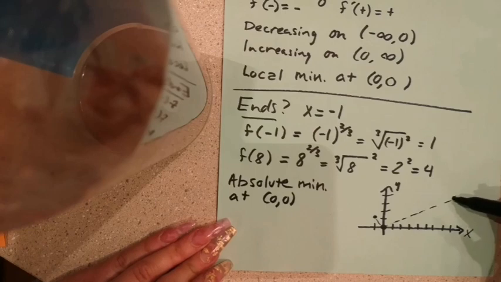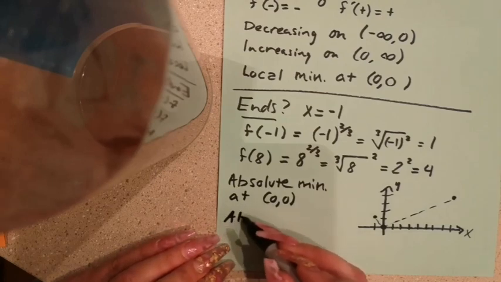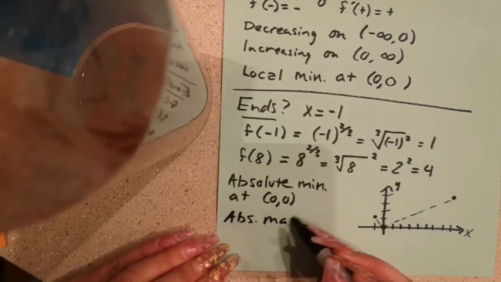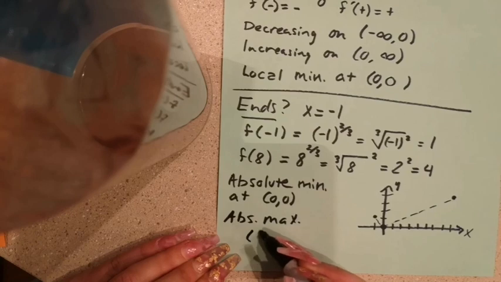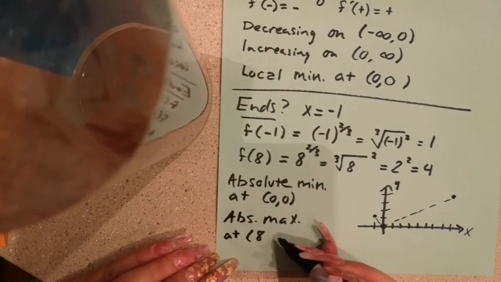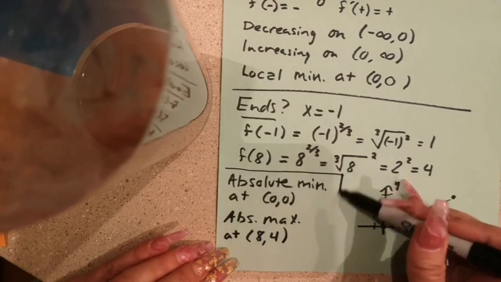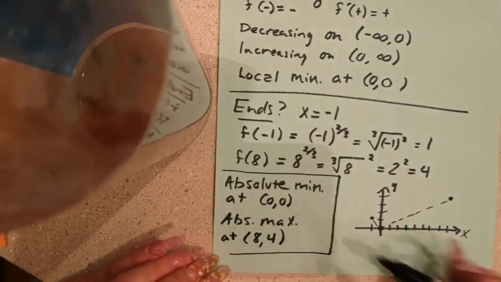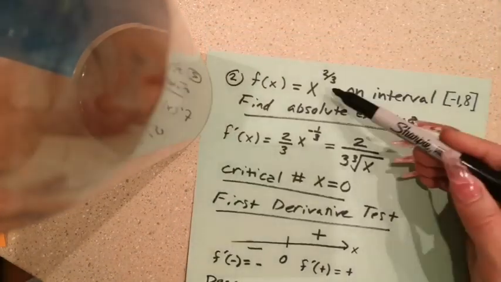And this endpoint here would be the absolute max, that point at (8, 4). So there's all my information about this function.